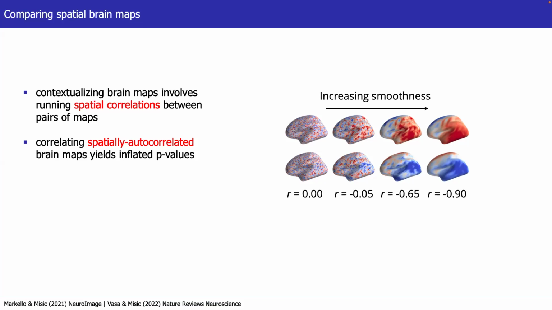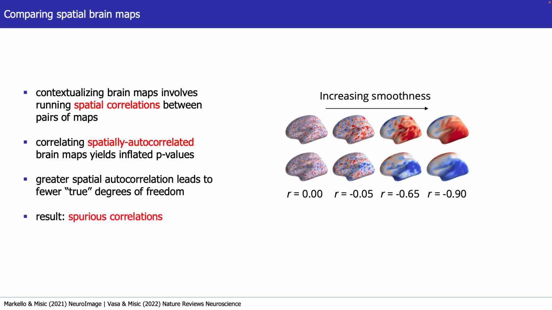They're still completely random, but because they're smooth and I've introduced spatial autocorrelation, now you get very, very high correlations among them. They're obviously not real. The reason for this is that when you have greater spatial autocorrelation, you have fewer true degrees of freedom. And so you're going to get these very spurious correlations.